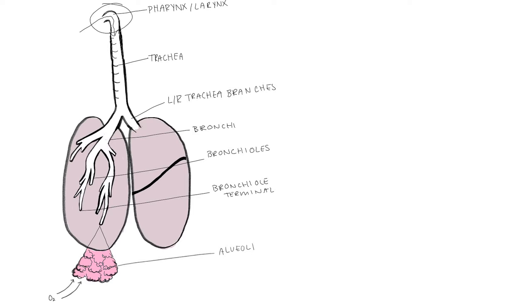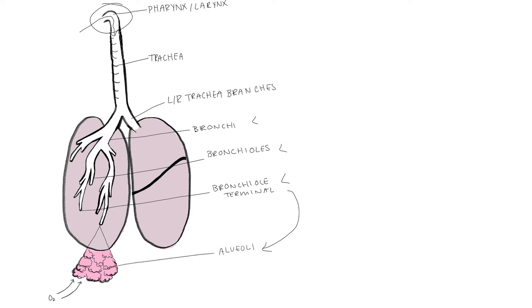So your trachea is going to lead into the right and left branches, which split into the right and left lungs, and then we're going to lead into the bronchi, the bronchioles, the bronchial terminals that are at the very bottom, and then finally to the alveoli.